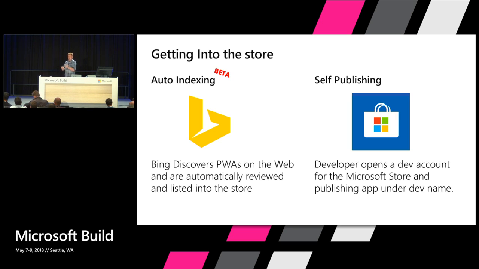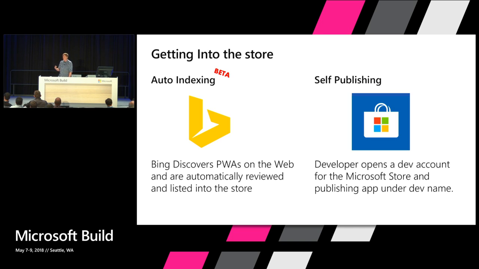And then we apply some algorithms to them to figure out which ones are high quality progressive web apps and should be listed in a store, and which ones aren't meant for a store. Okay, I have a beta tag here, and we'll talk a little bit more about this, but it's very early on, so we're still working out a lot of the details. This is a pretty tough thing for us to do. The second thing is there's an option for self-publishing.